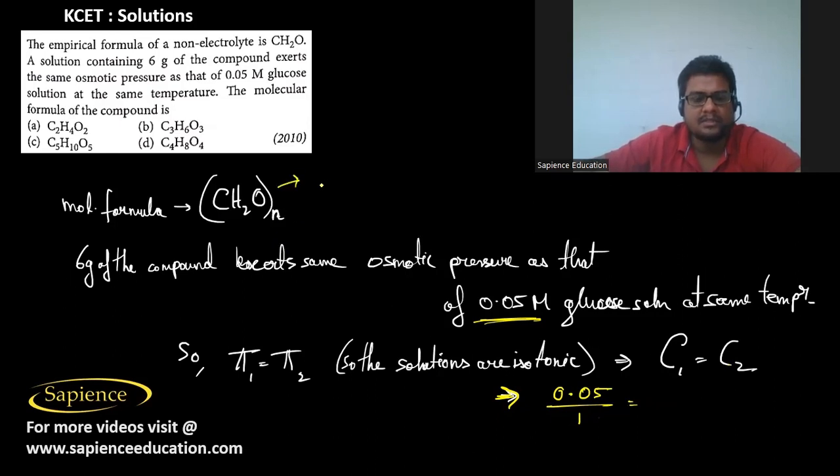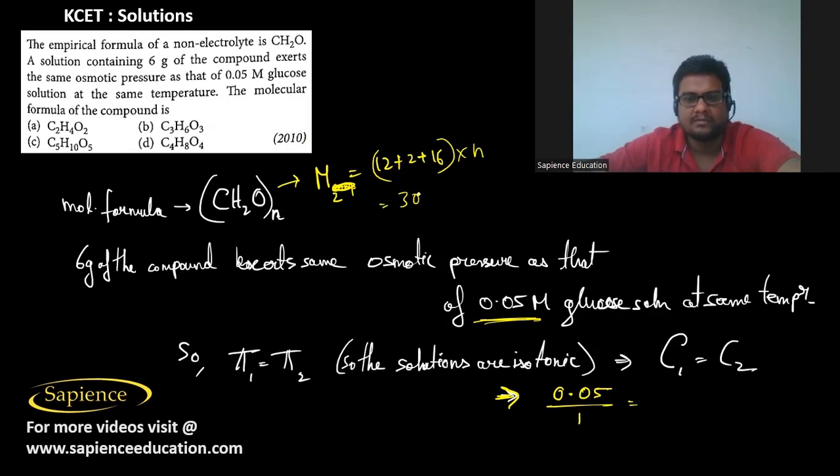Let's call the molar mass of this compound M2, that will be equal to 12 plus 2 plus 16, all into n. So 12 plus 2 plus 16 is 30. So 30 is the empirical formula mass of this compound. So 30n is the molar mass of this compound.